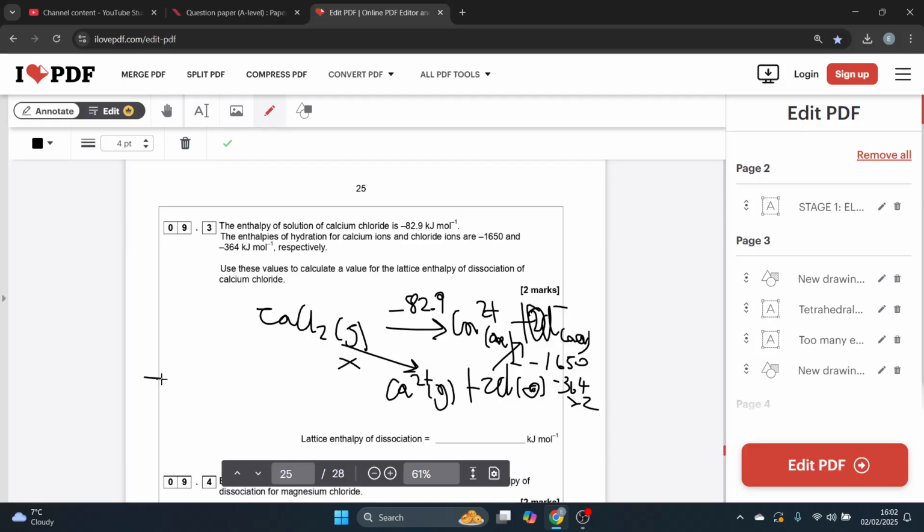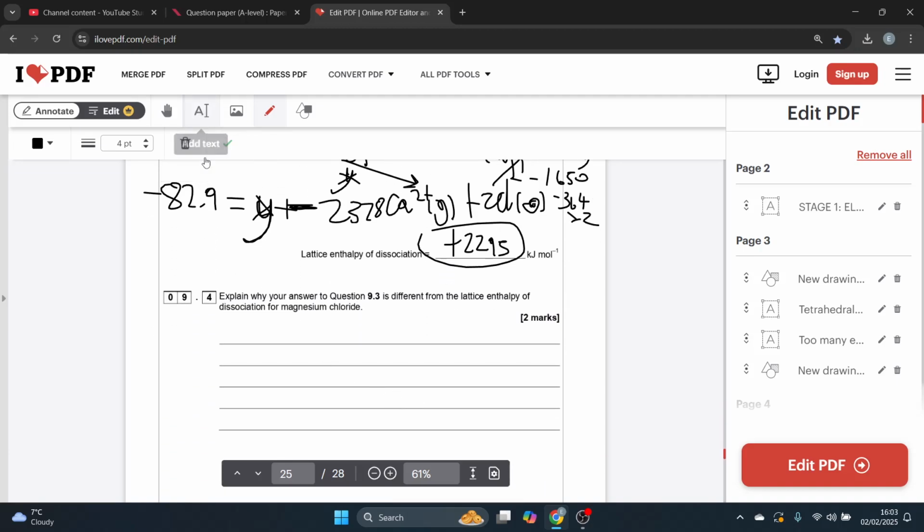So what I'm going to say is minus 82.9 this way equals X plus, I'll say Y, don't want to get confused between X and all that, Y plus minus 1650 plus minus 364 plus minus 364, minus 2378. Minus 82.9 plus 2378 is 2295.1. 2295 kilojoules per mole to the power minus 1.